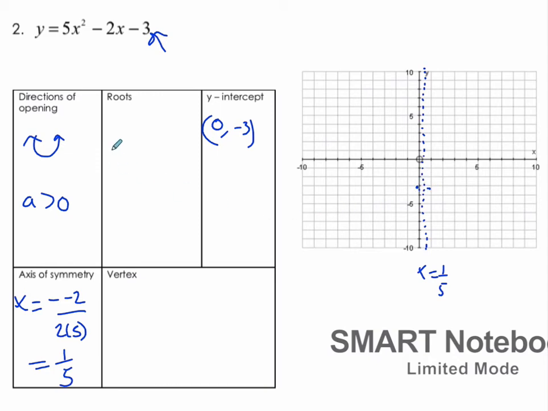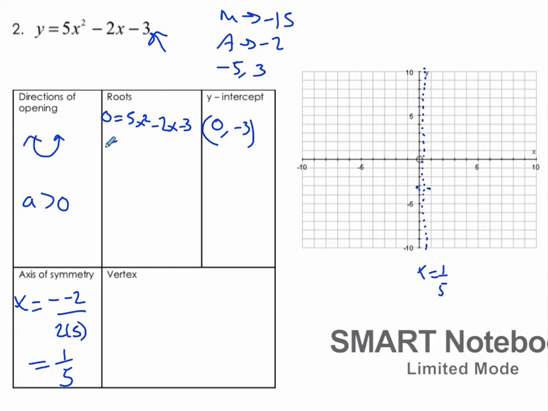And let's get the roots. For the roots, you set 0 equal to y, and we'll solve. And does this factorize? Yeah, I think it does factorize. We need two numbers that multiply to give you negative 15, 5 times negative 3, and add to give you negative 2. Those numbers are negative 5 and 3, so this factorizes.